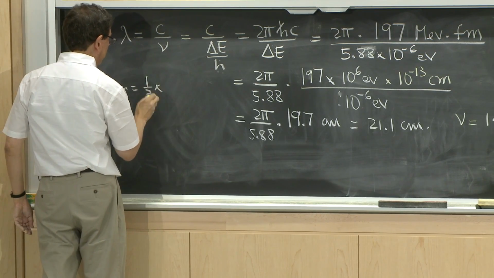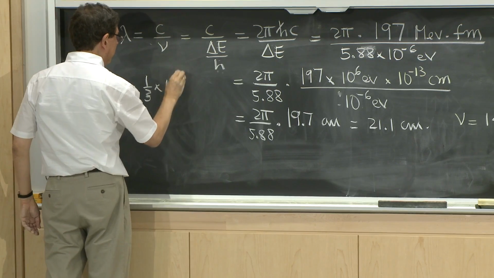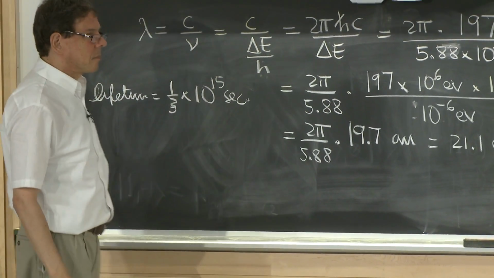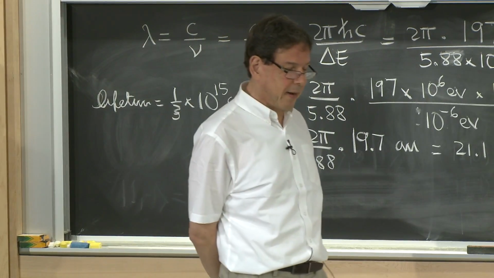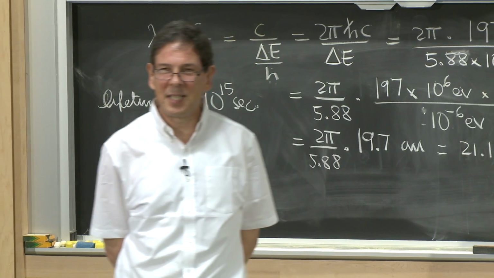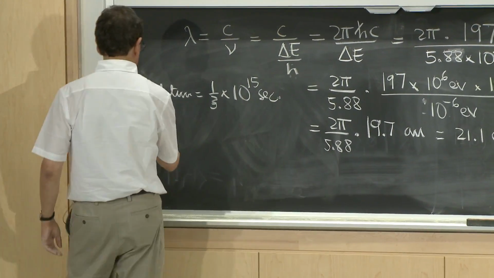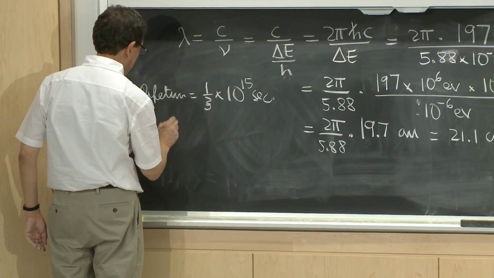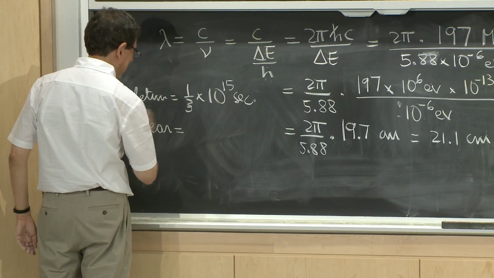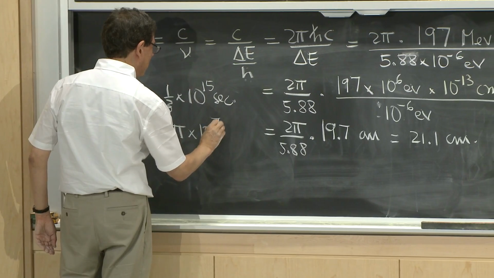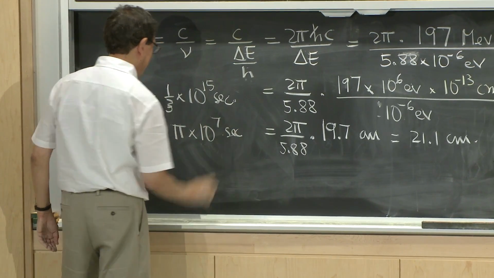1/3 times 10 to the 15 seconds. If you want to quantify this, there's also an easy way to do this, because 1 year, by these accidents of nature, is about pi times 10 to the 7 seconds.